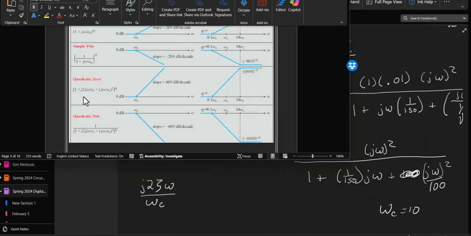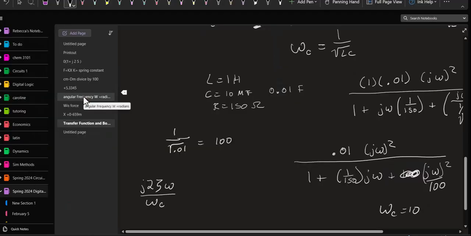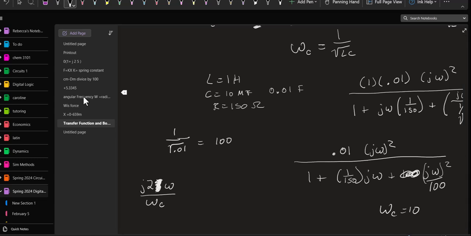Oh, that's not a zeta, that's a c. And that has to equal 1 over 150 j omega.